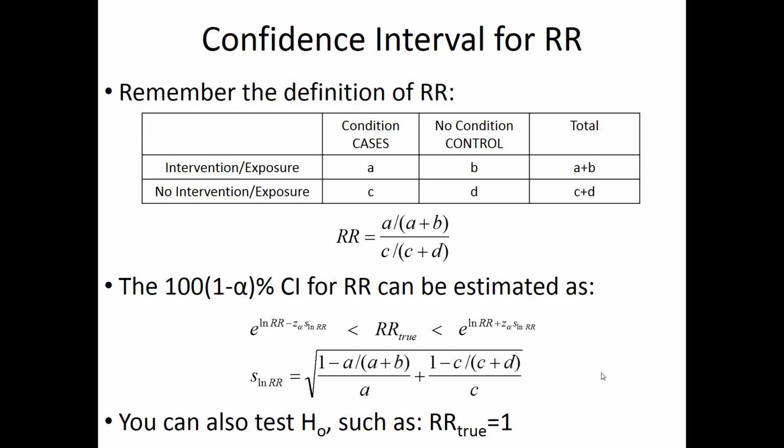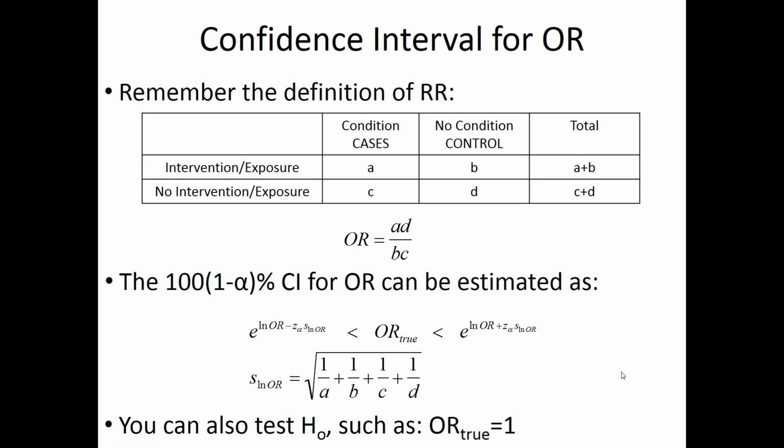This can also be used to test the null hypothesis, in which the confidence interval is compared to a relative risk equal to 1. Thus, if the confidence interval contains 1, then the null hypothesis is true, and the two groups are not different. They're from the same population.